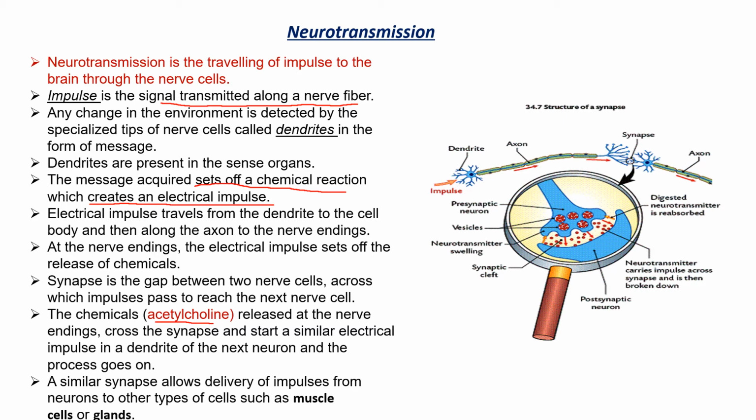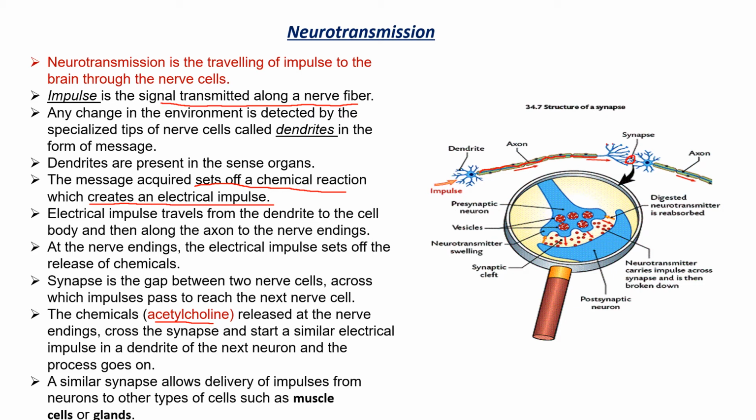This electrical impulse will travel from the dendrite to the cell body, from the cell body to the axon, and then to the axon terminals. Can you see the bulbs here? Axon terminals are a little swollen, so they look like bulbs, and over there is a gap which is called the synapse.